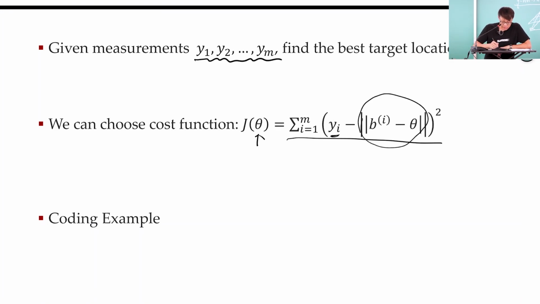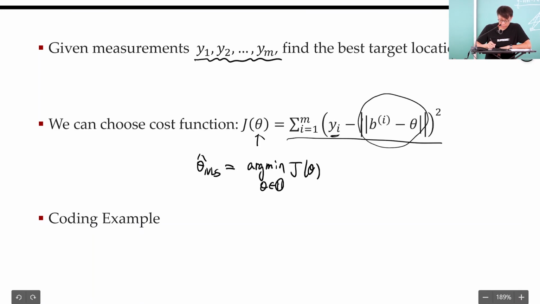I also want to sum over all the measurements I have. So the nonlinear least square estimate is, using this shorthand, argmin of J of theta over theta belonging to capital Theta. What does this argmin mean? The minimizer of this cost function.